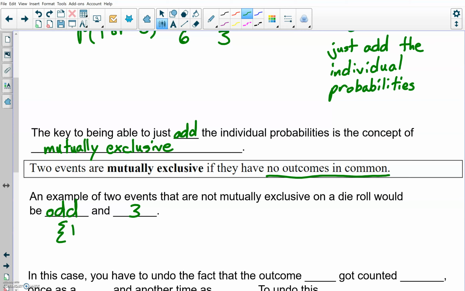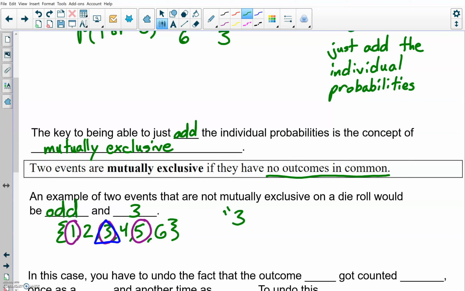So if you look at the sample space again, 1, 2, 3, 4, 5, and 6, and then if I go ahead and circle the odds and then put a triangle around the 3, the more important thing is that the 3 outcome was common to both the odd and 3 events.